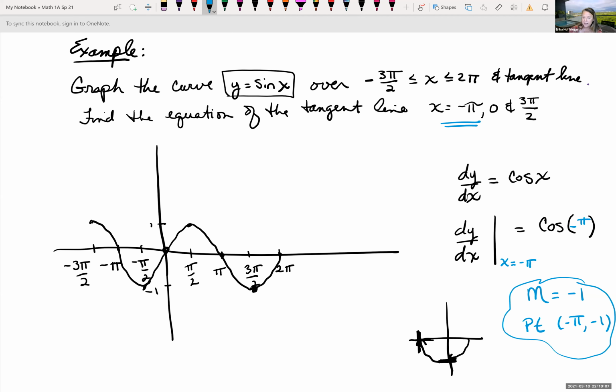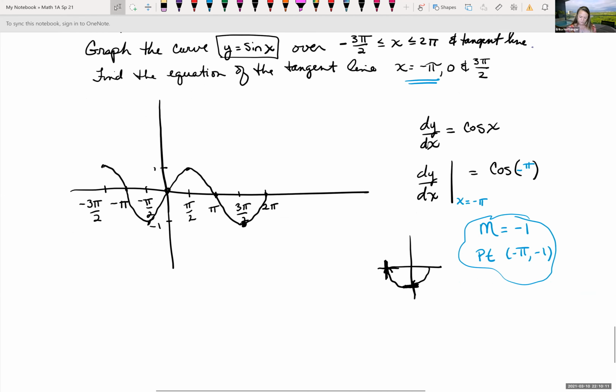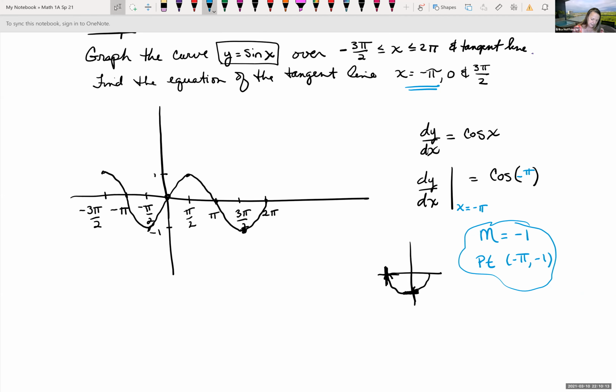So we have these two values, and we can figure out what b is. Our point is right here, and our slope is -1. Plugging in our point, y, which is -1, equals m, which is -1, times x, which is negative pi, plus b.